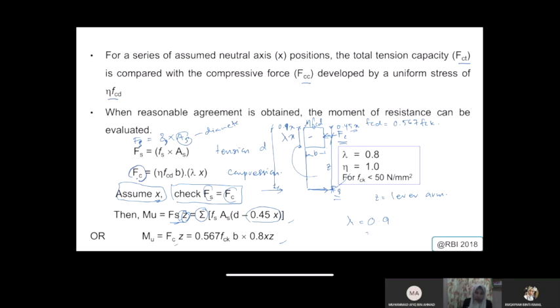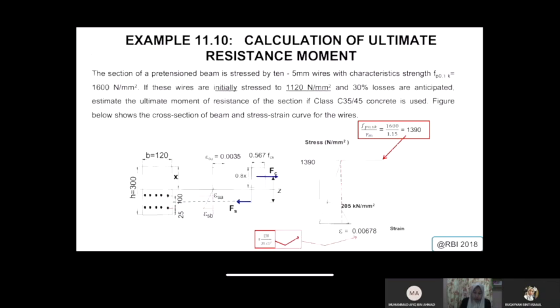The compression is very straightforward, whereby you have 0.567 fck b, multiplied with 0.8x, multiplied with also the z, which is the distance to calculate your moment. All right, now we will go through an example, the calculation of the ultimate resistance moment.